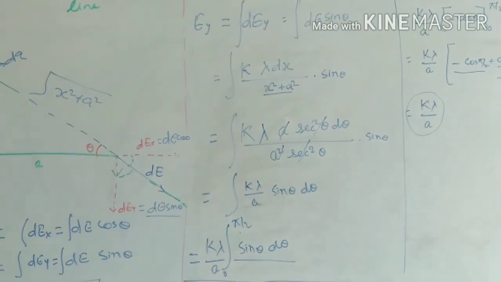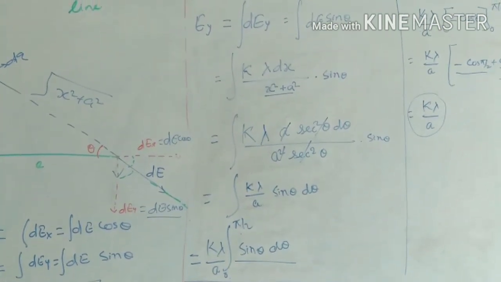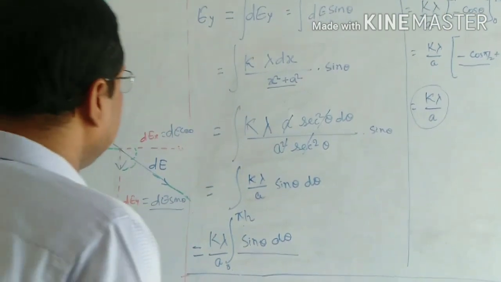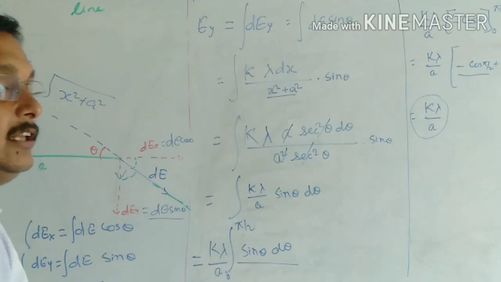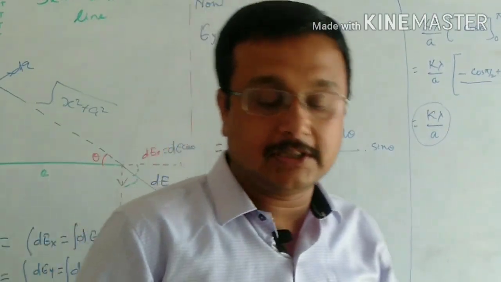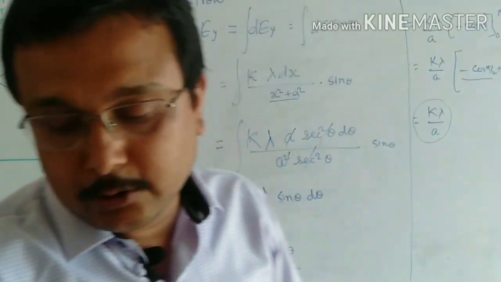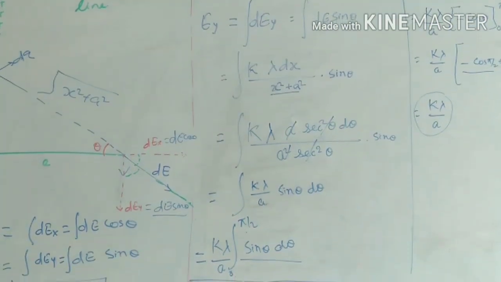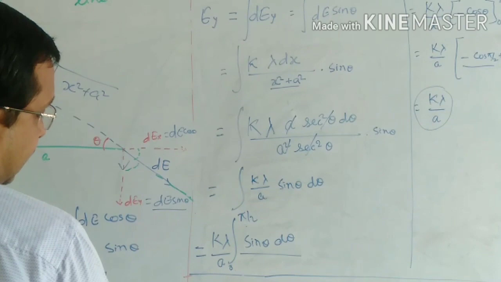So Ex and Ey both are equal in magnitude, but they are perpendicular components, not in the same direction. So in this way we have found the value of Ex and Ey.